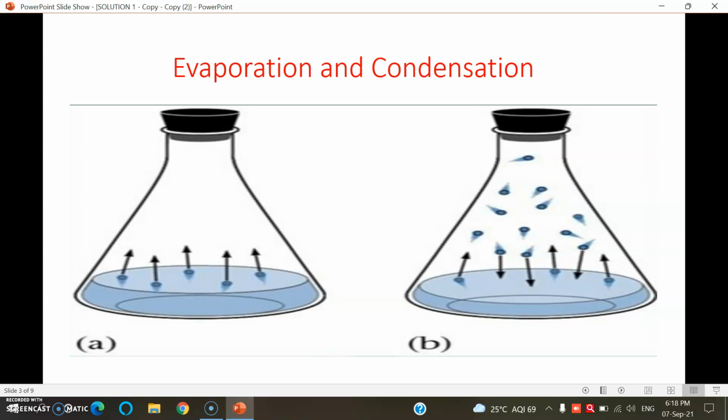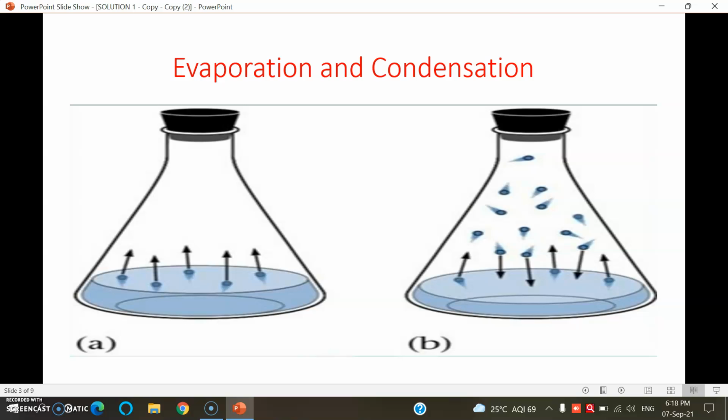Now, both our containers are sealed with a lid. Liquid escapes from an open vessel by evaporation. If the vessel is closed, the process of evaporation continues, but those gaseous molecules evaporated from the liquid state collide on the wall of the container.